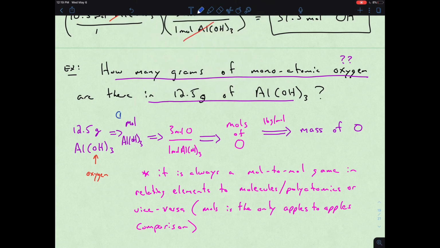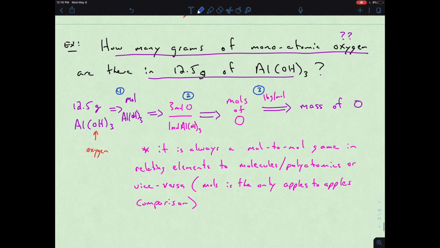Here's our first conversion. Here's our second conversion. And then here is our third conversion in terms of that. And the most important part is really the second conversion, the mole to mole conduit.